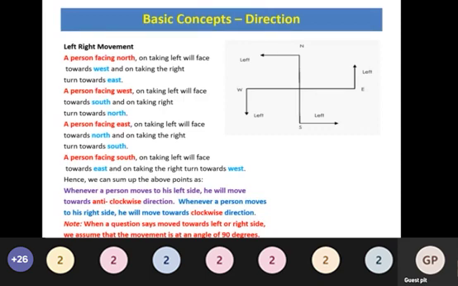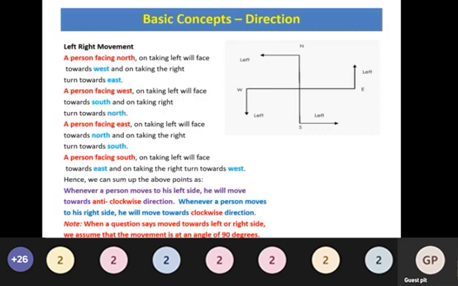Now if the person is facing west, on taking left he will face towards south, and on taking a right turn, towards north. The third point: a person facing east, on taking left will face towards north, and on taking a right turn, towards south.